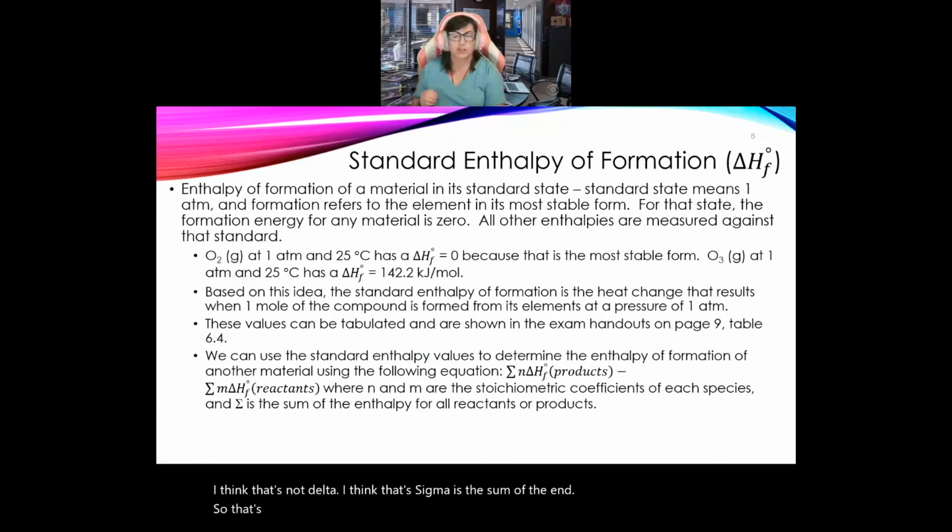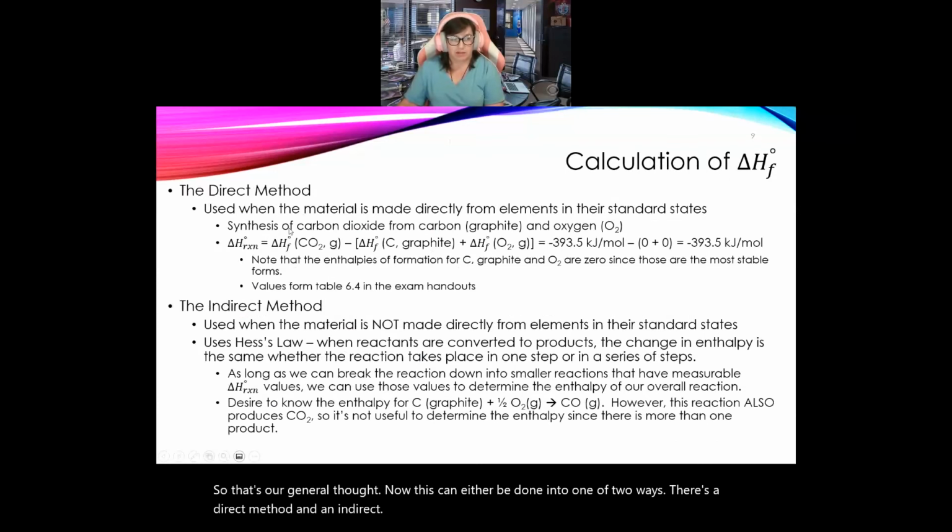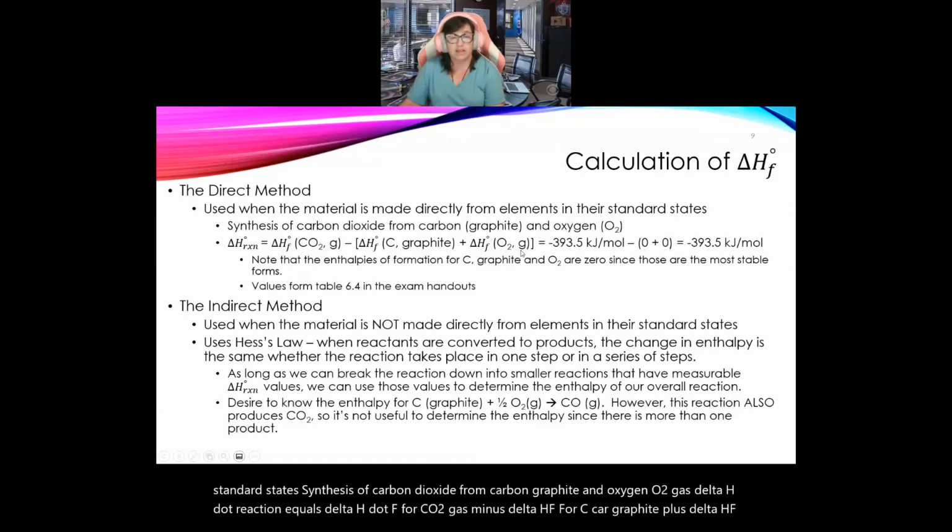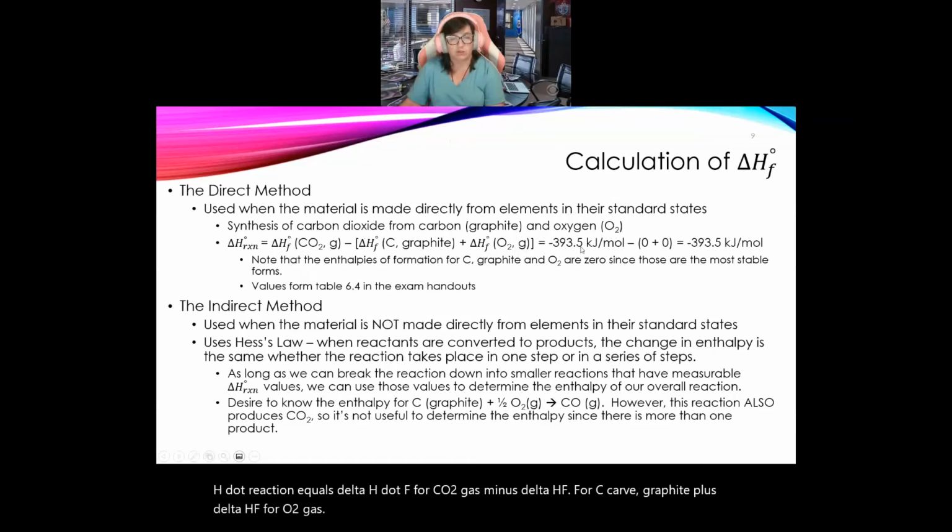Now, this can be done in one of two ways. There's a direct method and an indirect method. The direct method is used when a material is made directly from elements in their standard states. Take the synthesis of carbon dioxide from carbon, graphite, and oxygen, O2 gas. Delta H naught reaction equals delta H naught F for CO2 gas minus delta H naught F for C graphite plus delta H naught F for O2 gas, which equals negative 393.5 kilojoules per mole.